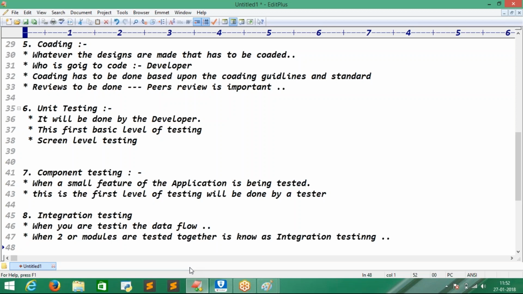Clear, guys? When two or more modules are being tested together is known as integration testing. So this is all about integration testing.